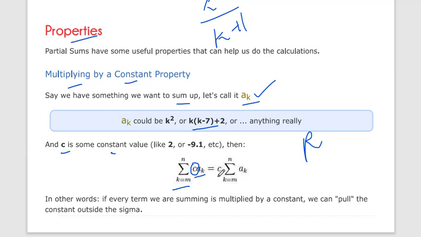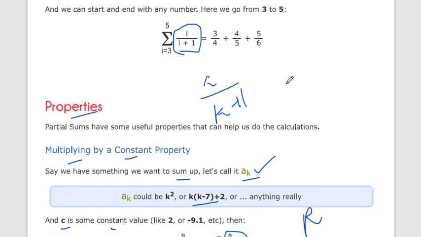So you do not have to add all the values and then multiply with c; you can take it like this. Common out the constant value and add the other values. Say the sum of 5n for n equals 1 to 3.